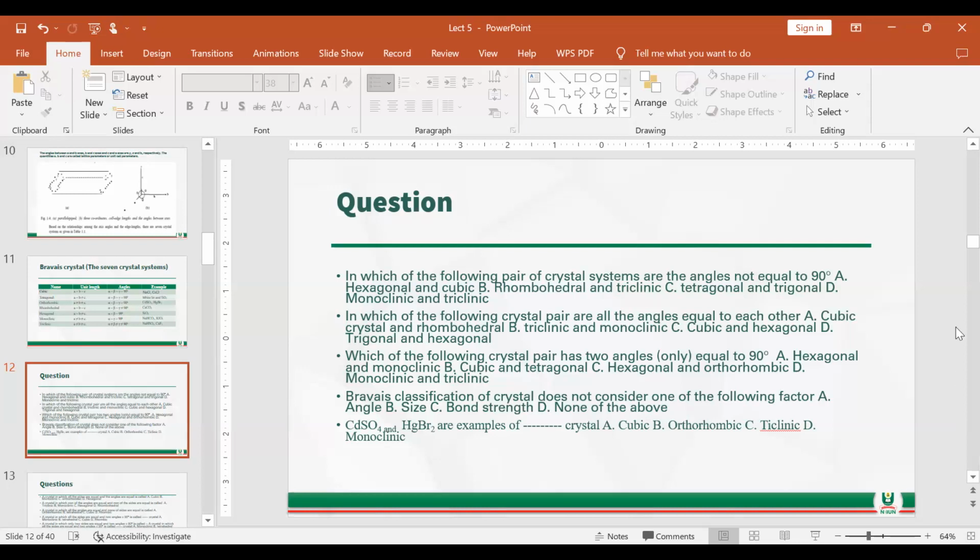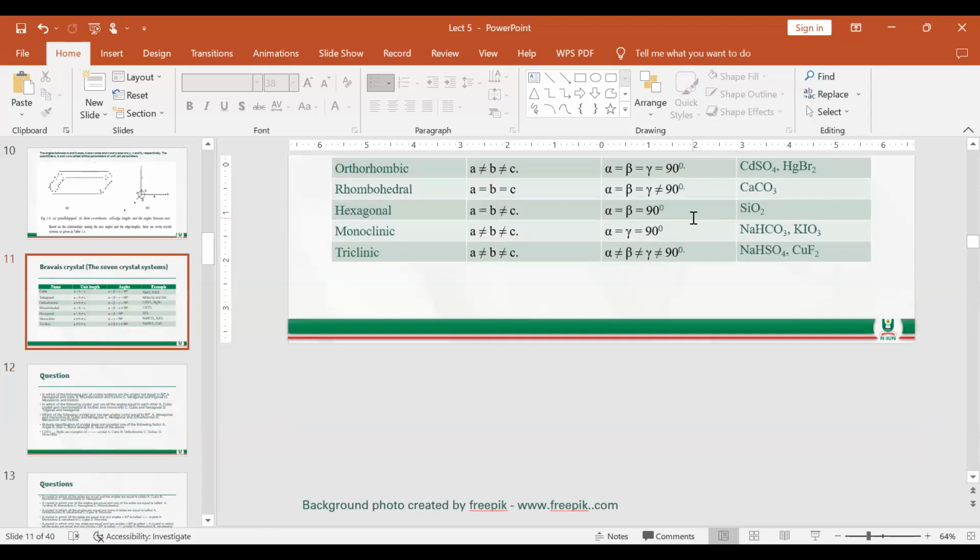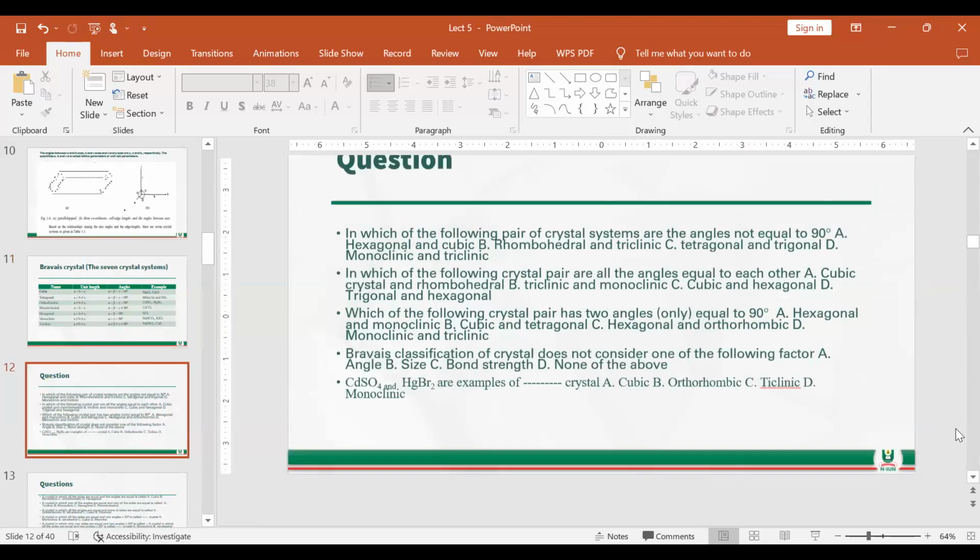In rhombohedral and triclinic, the angles are not equal to 90 degrees. So it's just a technical way of answering.